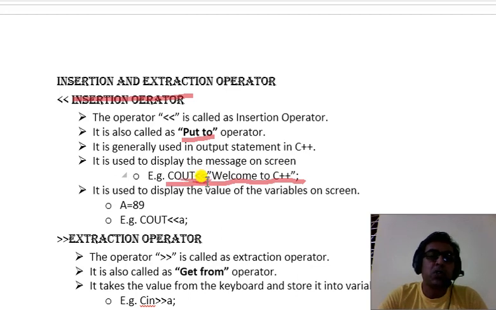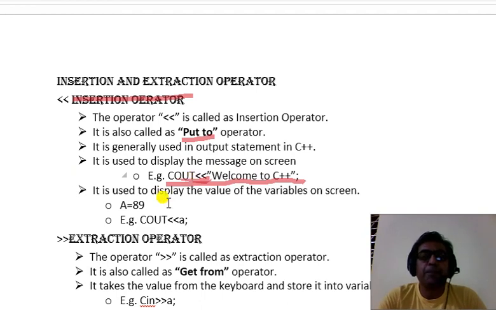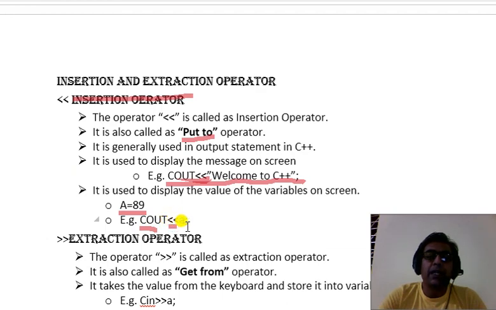Similarly, if we want to display some value on screen, at that time also we use this insertion operator. For example, here the value of A is 89 and I want to display that value on screen. So we will write cout, the insertion operator, and the name of the variable. So it will display 89 on your screen.